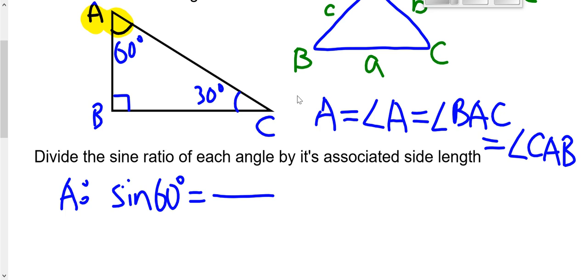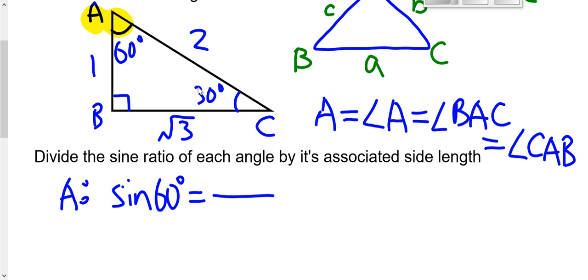From your notes, I hope you know that in this case, if we have 90, 60, 30, the corresponding length of each side is 2 for 90 degrees, root 3 for 60 degrees, and 1 for 30 degrees. So now I know the length of each side. Let's just plug that in.